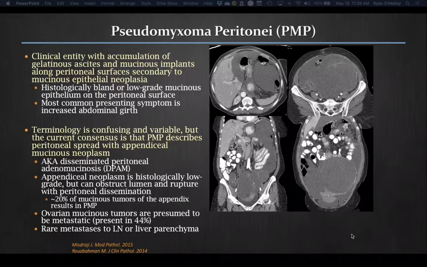So the entity pseudomyxoma peritonei or DPAM is now exclusively thought to result from a primary appendiceal mucinous neoplasm with involvement of the peritoneum and potentially the ovaries as a secondary manifestation. Rarely, they can also involve the lymph nodes or liver.